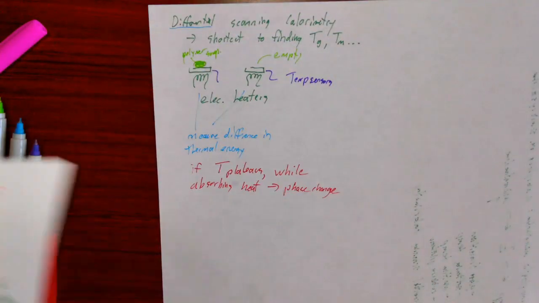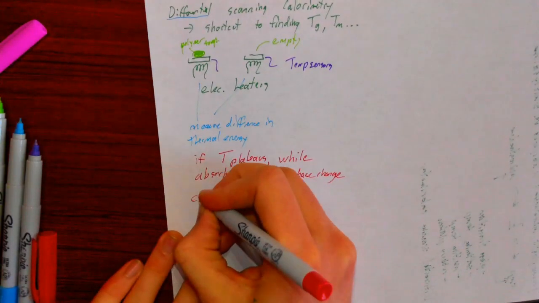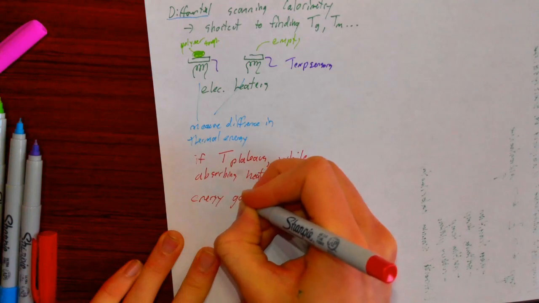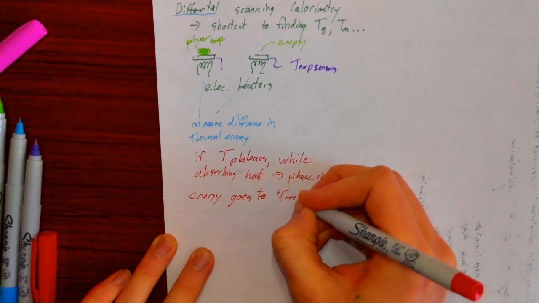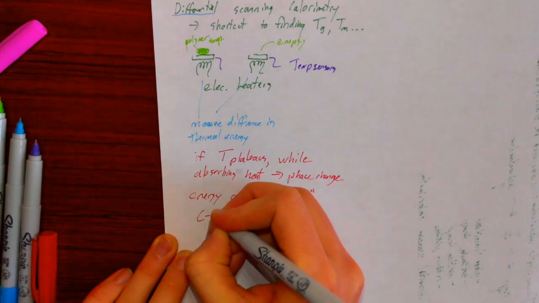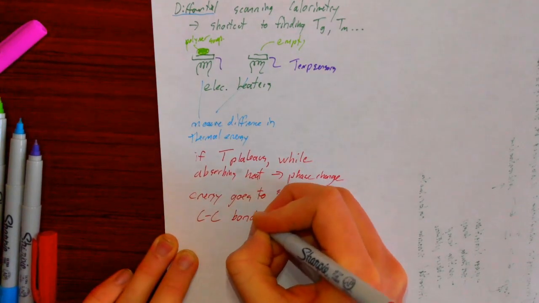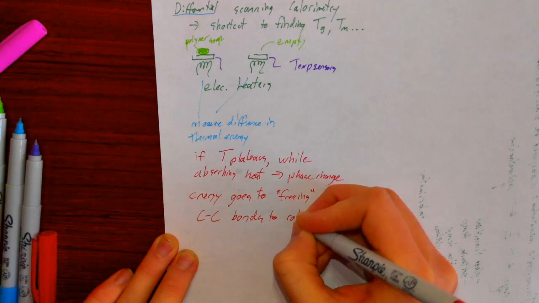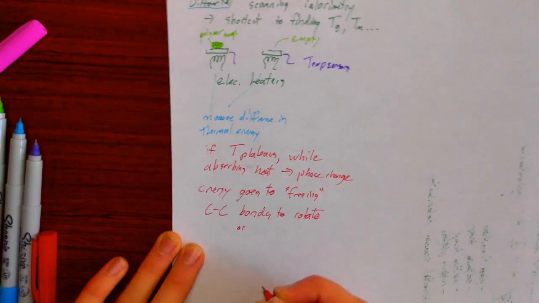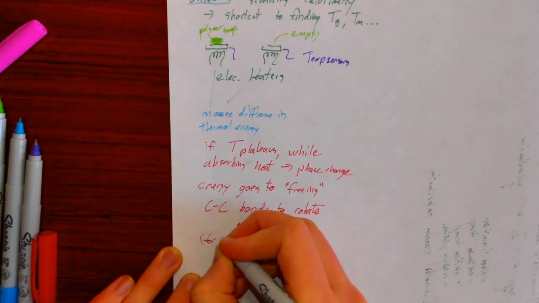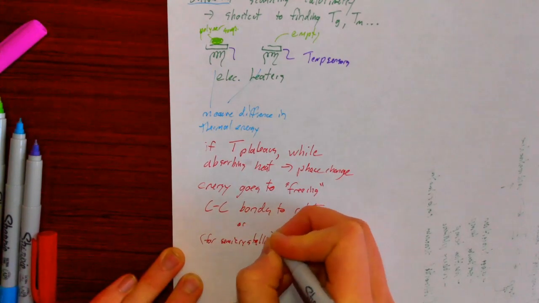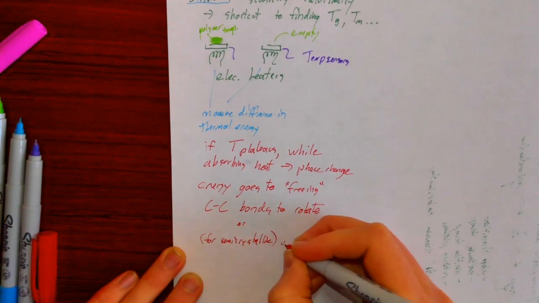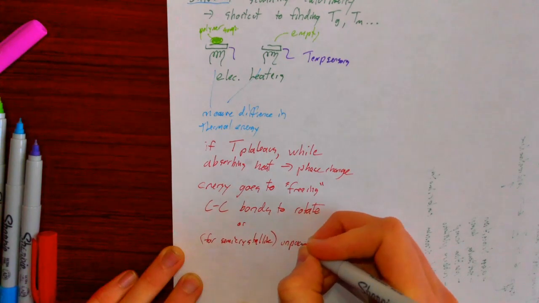So the energy goes to freeing the carbon-carbon bonds to rotate, or for semicrystalline polymers, that energy goes into unpacking crystals.